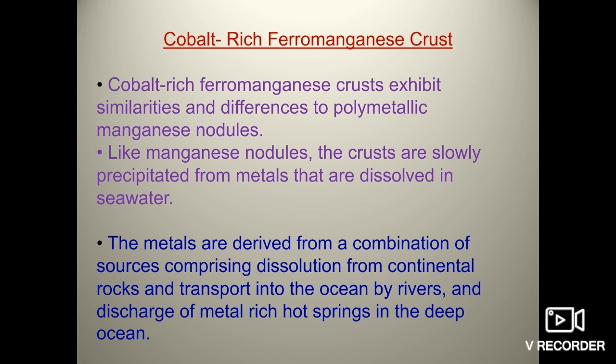So what happens is that the metals are derived from a combination of these sources: dissolution from the continental rocks, transport into the ocean by rivers, and discharge of metal rich hot springs in the deep ocean.